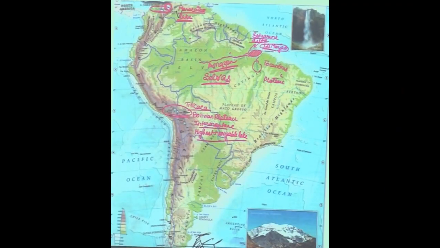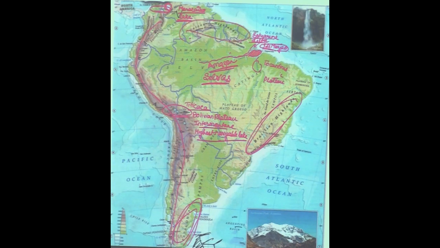And I want to quickly repeat which are the major physical features that I see with this continent. It's Andean Cordilleras, it's Patagonia Plateau, it's Brazilian Highland, Guiana Highland, Bolivian Plateau. Which are the prominent plains? Amazon Basin, Pampas and Entre Rios.